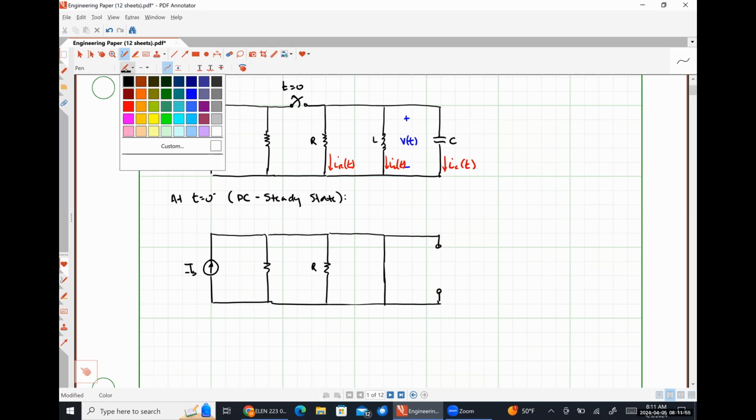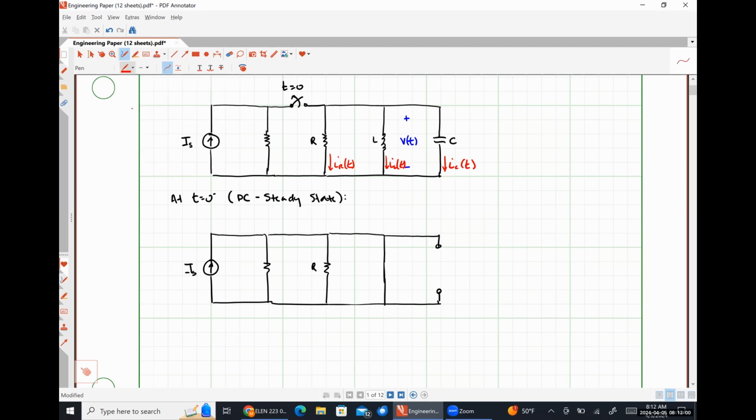I'm going to define things again really quickly. This is going to be I_R at 0 minus. This will be I_C at 0 minus. This will be I_L at 0 minus. And this will be V at 0 minus. So what can we see from the jump?